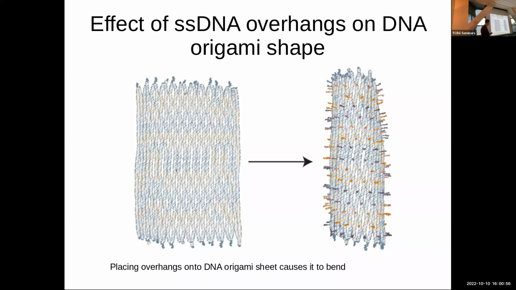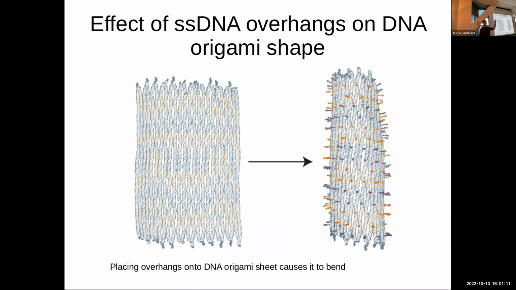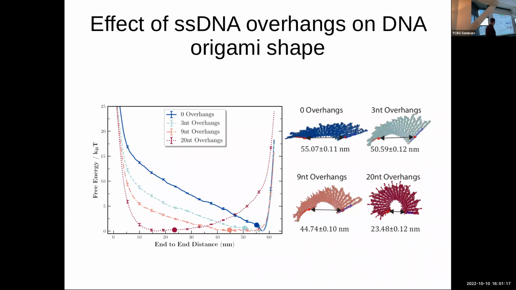And the reason is entropic, because again, if you recall my argument from the strand displacement, the overhangs can clash with each other, but also the overhangs tend to clash with the surface of the tile. If you bend the tile, they have more conformational freedom accessible to them. And that's basically what causes the bending. You can use the simulations to obtain the entire free energy profile.